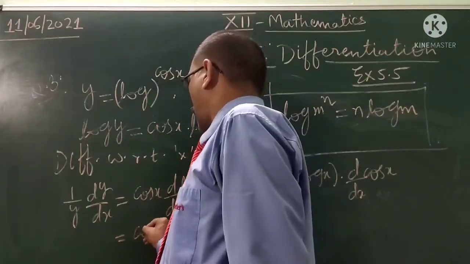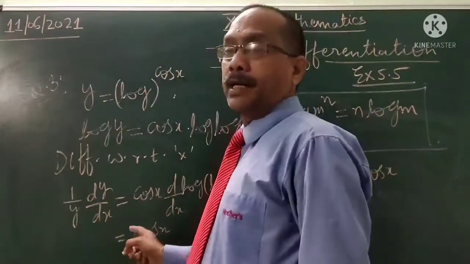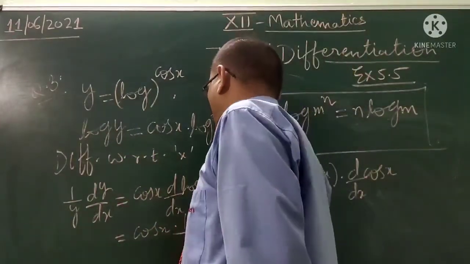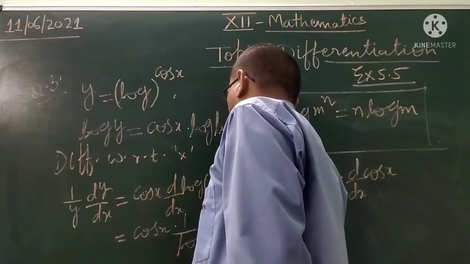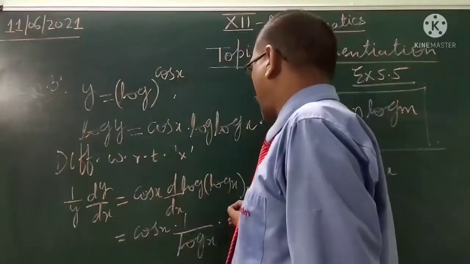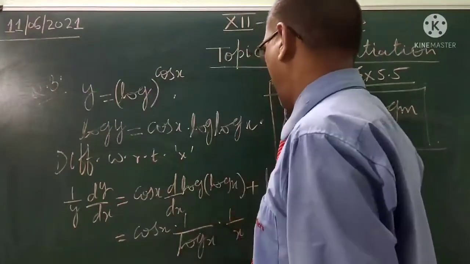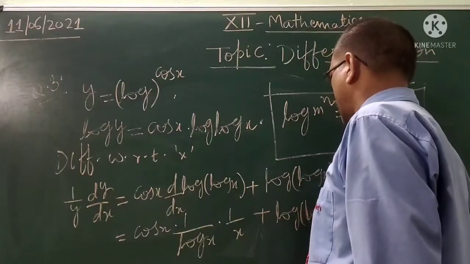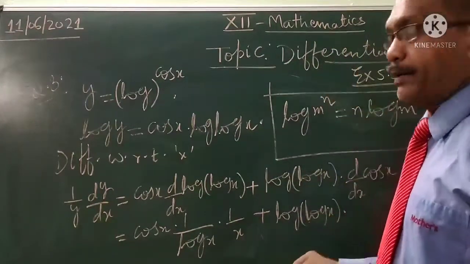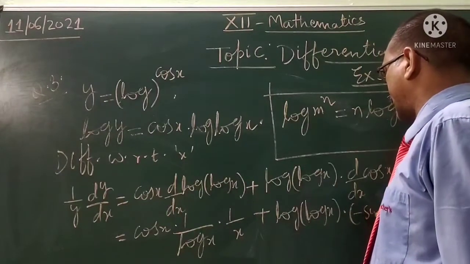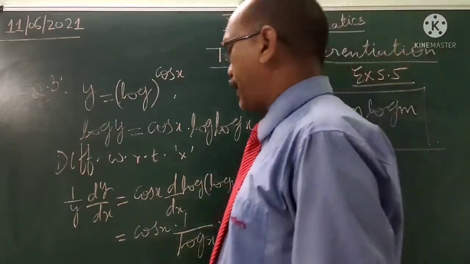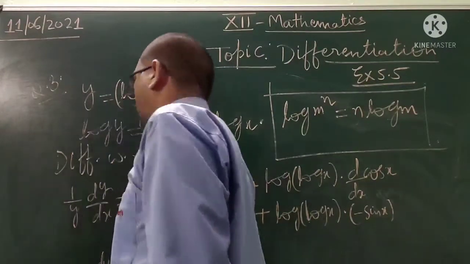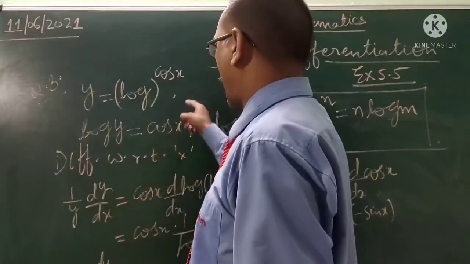Now cos x as it is, derivative of log is 1 upon log x into derivative of log x, which is 1 upon x. It is by chain rule. Plus log of log x as it is into derivative of cos x, which is minus sin x. So dy over dx is equal to, cross multiply the value of y.